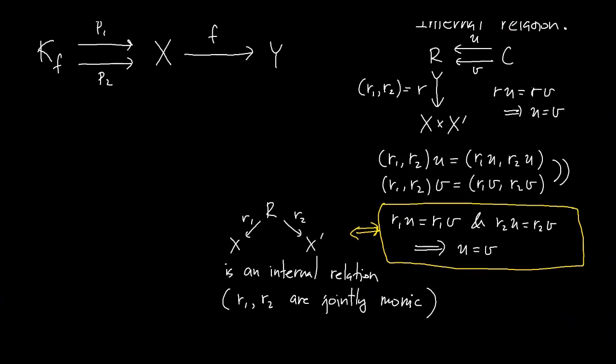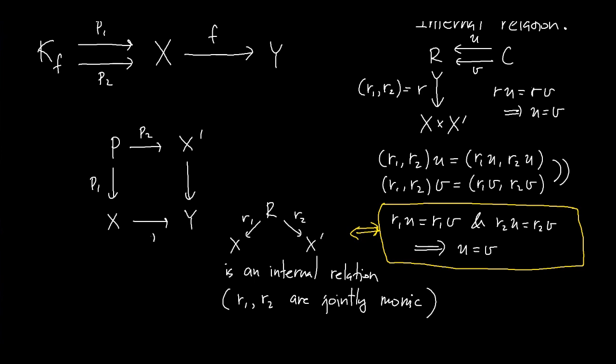So why is a pullback jointly monic? If I take any pullback, and I've got this. Okay, so I shouldn't have used U and V there.